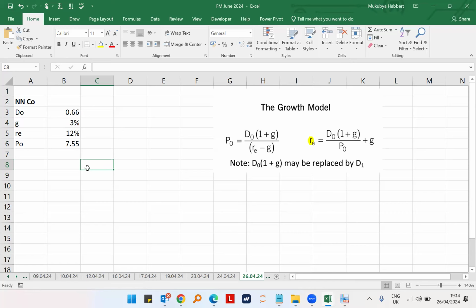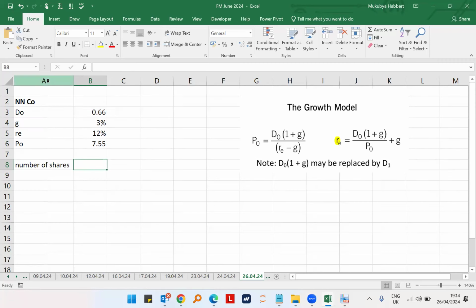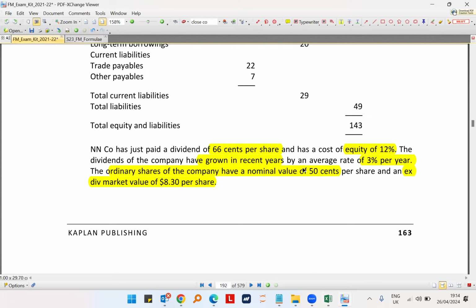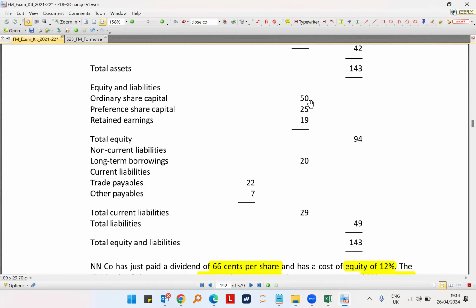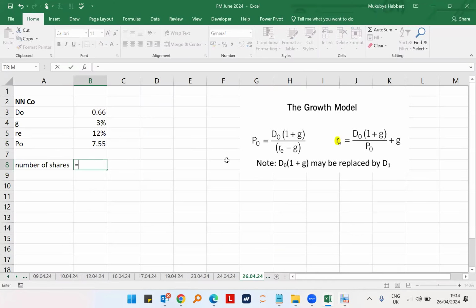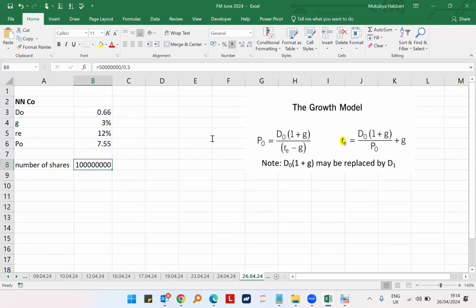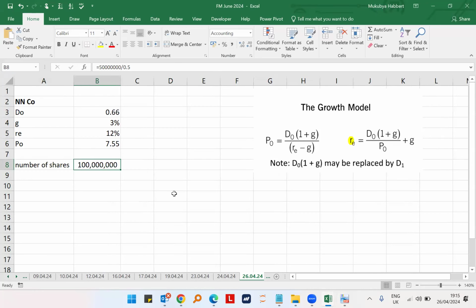Now, we need to get the total value of the company. So we need to know how many shares we have. They told us that the nominal value is 50 cents. So if we go to the information provided to us, where we have ordinary share capital of 50 million, we just get 50 million divided by 50 cents, which gives us 100 million shares.